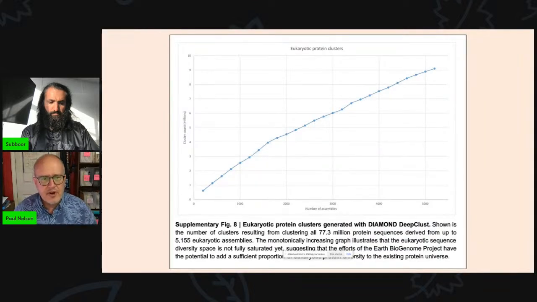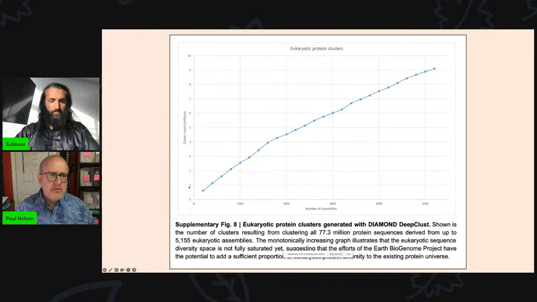Now, let's look at their curves, which are incredibly interesting. Along the x-axis here, we have the number of genomic assemblies that they were working with. And this figure, by the way, is just for eukaryotes. 5,155 eukaryotic assemblies, they are examining different genomes.